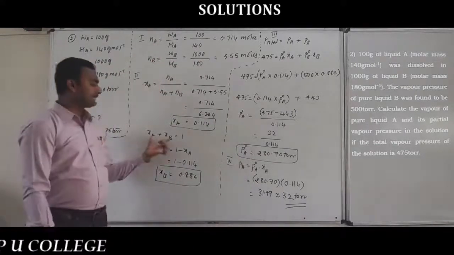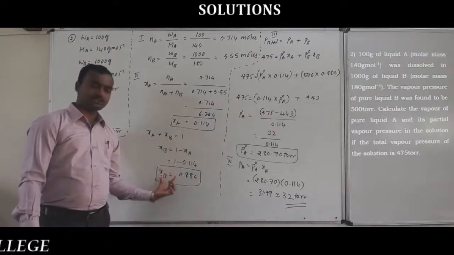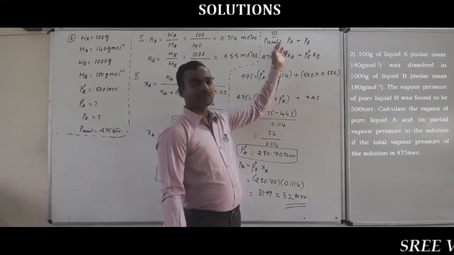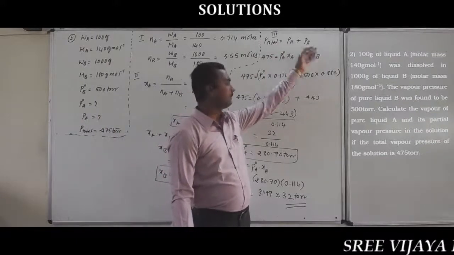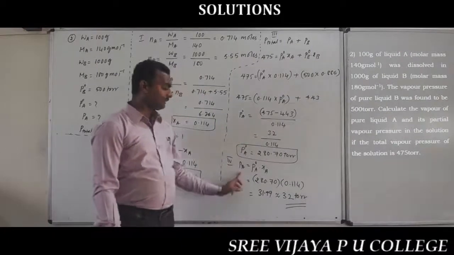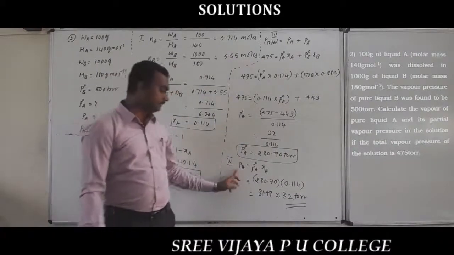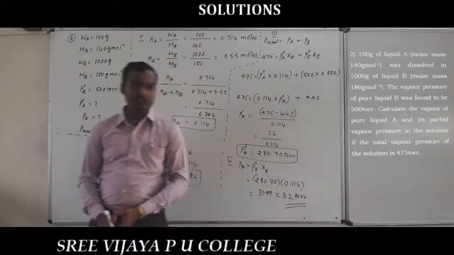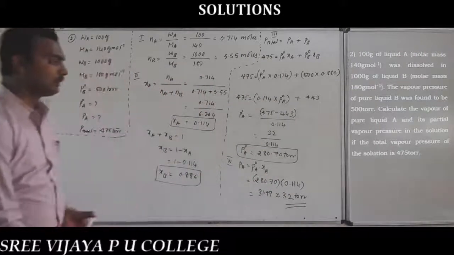Next XA plus XB is equal to 1, then we can calculate the mole fraction of the other component. Then apply Dalton's law of partial pressure, P total is equal to PA plus PB. Solve it, and you will get P naught A. Once you get P naught A, you can calculate PA by using Raoult's law. PA is equal to P naught A into XA. So substitute the values, you get the value 32 torr. That's about problem number 2.